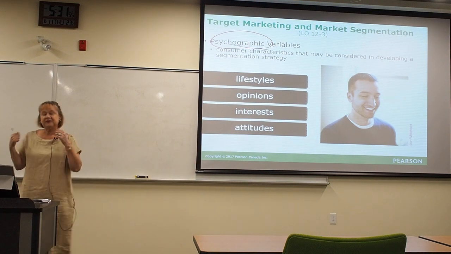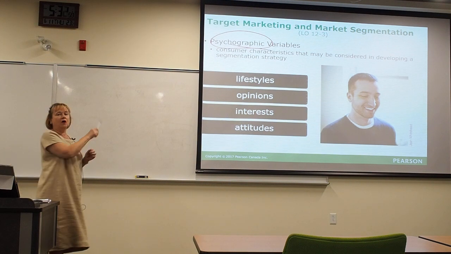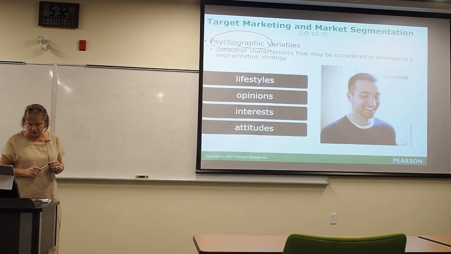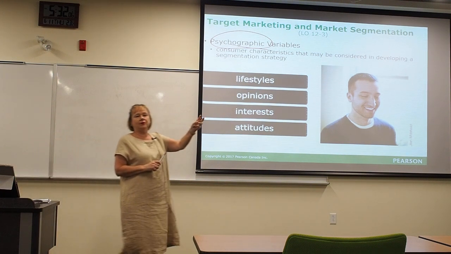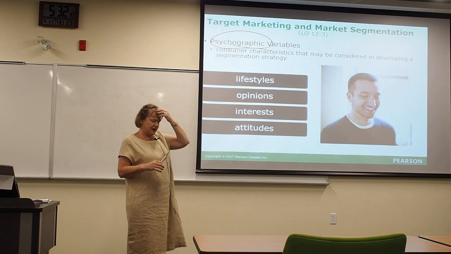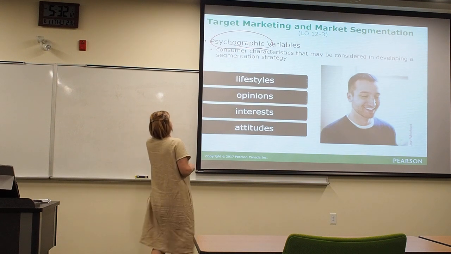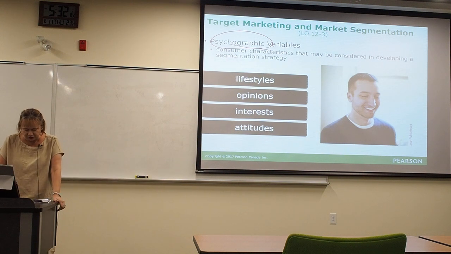Now, this is the first category for segmentation that can be altered and changed by marketers over time. The other three categories, geographic, demographic and geodemographic, cannot be changed. It's a fact. But this one can actually be changed. It can be altered and shaped by marketing campaigns.